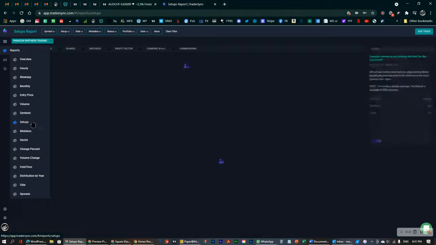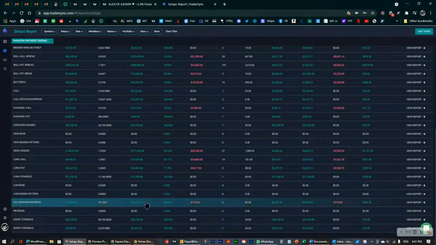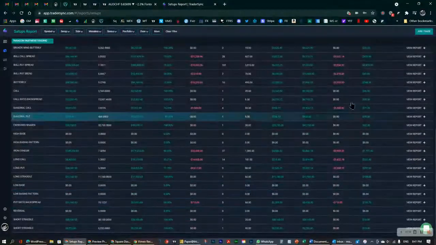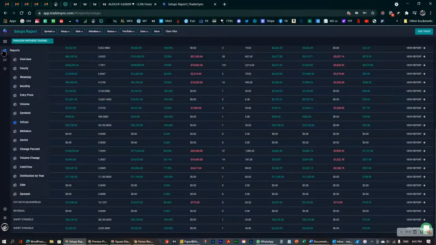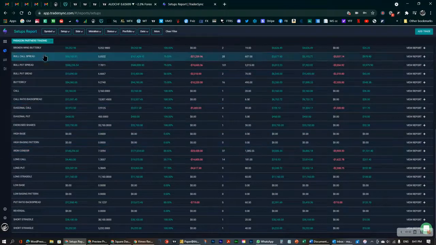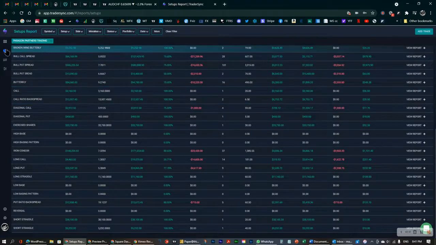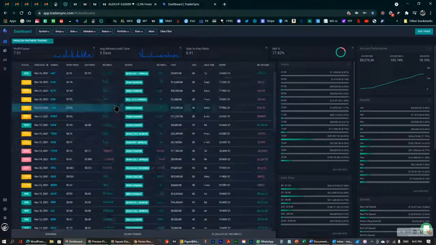You can go and see results on setup. So these are option setups, but you can see how you're doing on all your setups. And then you can splice it one more time and have it into setups and then time period. So charts, 15-minute, hourly, daily, whatever you want it to be. So it has a lot of functionality, and it's just great value.